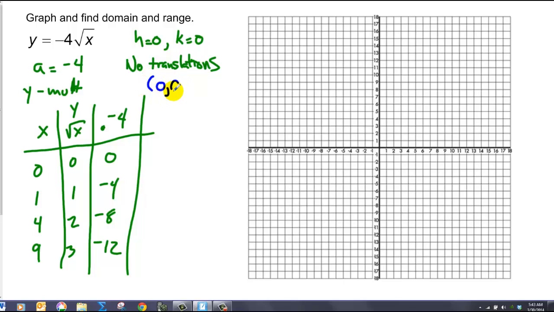And now I proceed to graph from my origin, which is 0, 0, these values. Here's the point 0, 0, 1, but I go down 4. 4, but I go down 8.